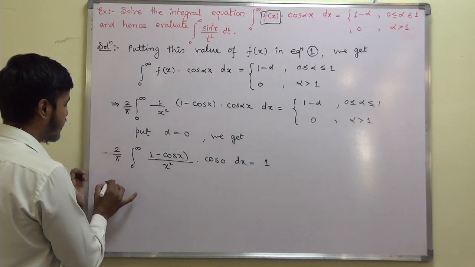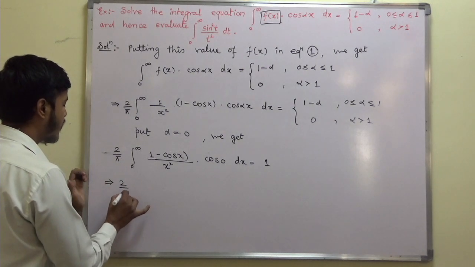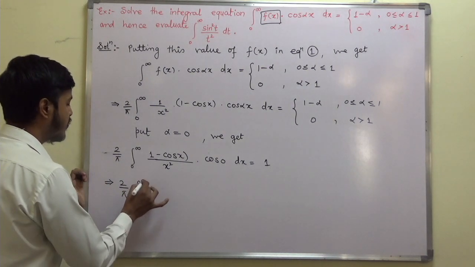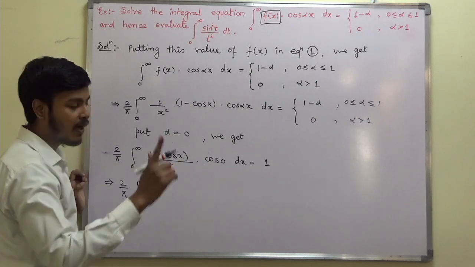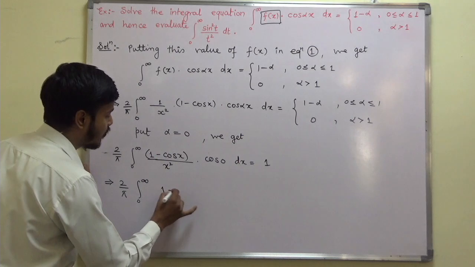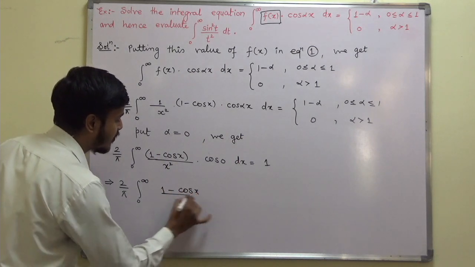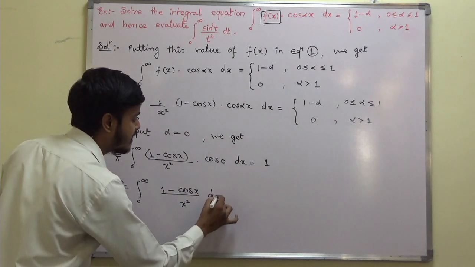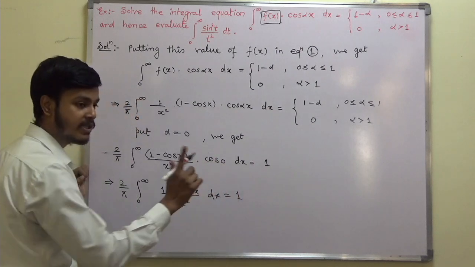So this implies 2 by pi integration 0 to infinity, what is cos 0? 1, no need to write, so I remain with this 1 minus cos x upon x square dx is equal to 1, since cos 0 is 1.